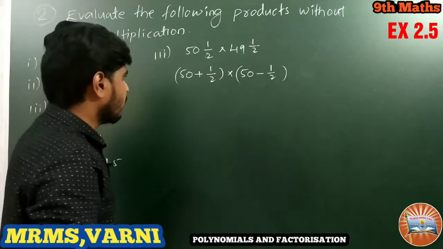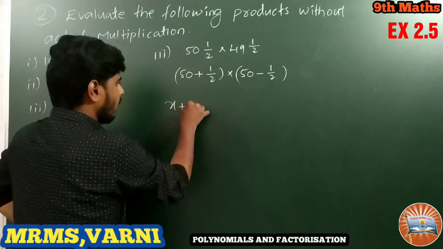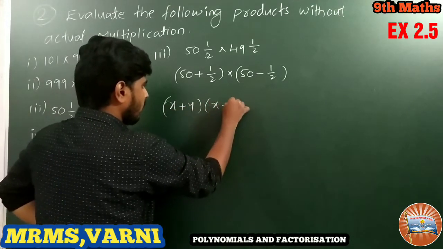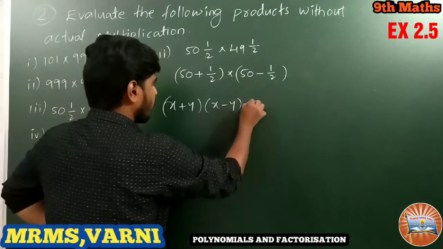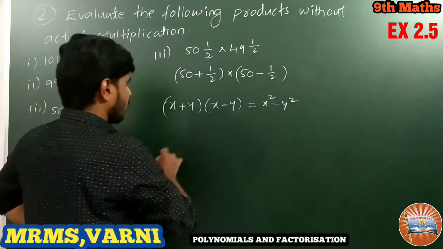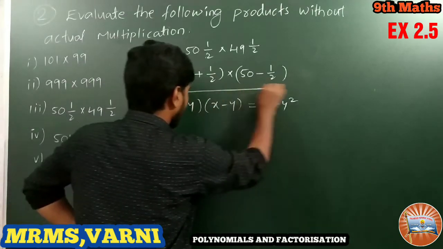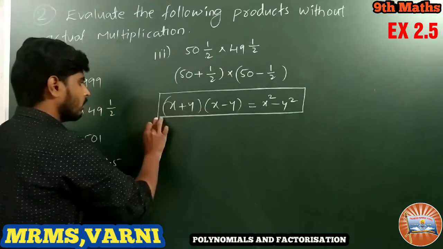Now this is in the form of x plus y into x minus y is equal to x square minus y square. So this is the suitable identity I am going to use.